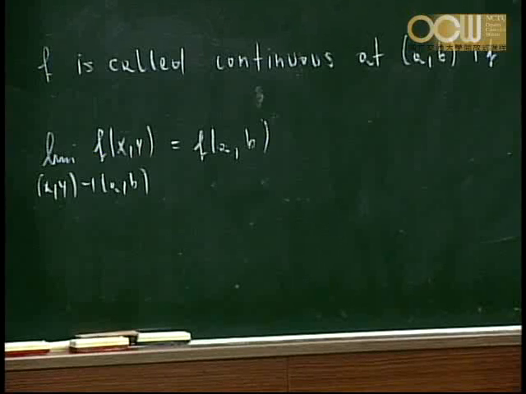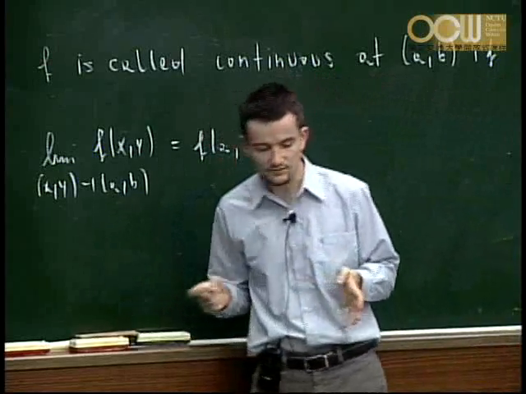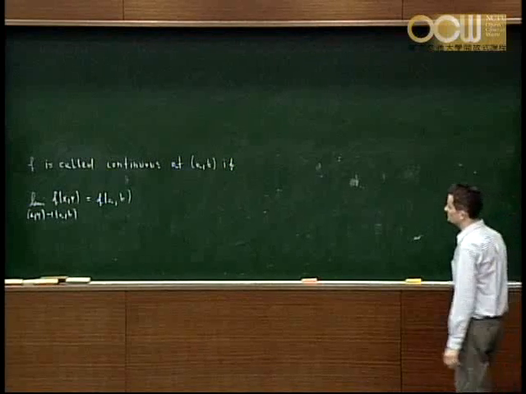The quotient is continuous as well, unless g(a,b) is equal to 0, unless (a,b) is not in the domain of the function, and so on and so forth. So all those laws we are used to from last semester hold here as well.